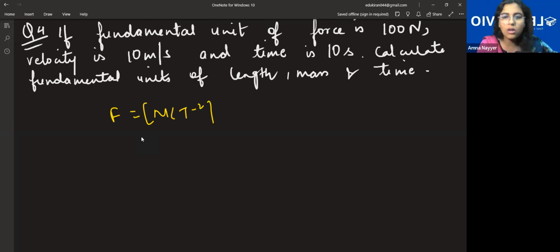These 4 to 5 formulas, if you remember, will be very helpful when you are writing the dimensions. Force, velocity, these every time we have to write. Others can be constructed, but they are often difficult to write again, because for force you will have to again write m into a, mass into acceleration. For acceleration again velocity by time, then for velocity again distance by time, like this.